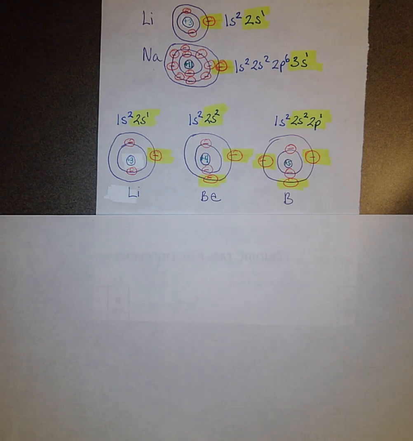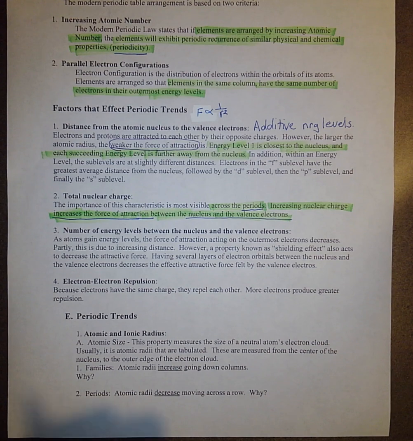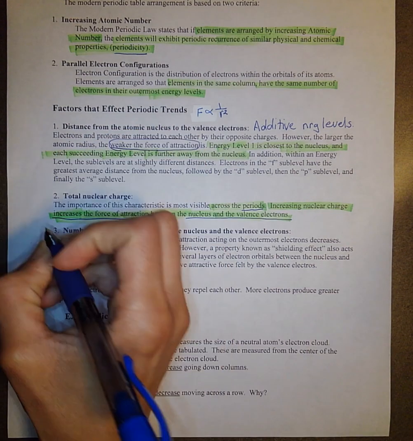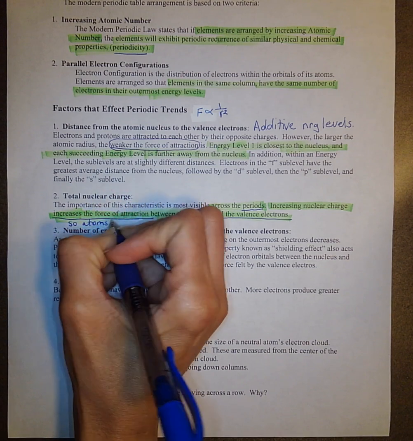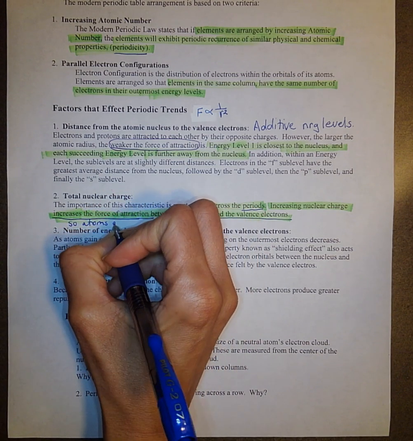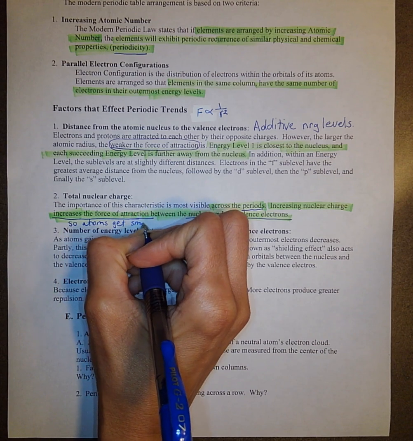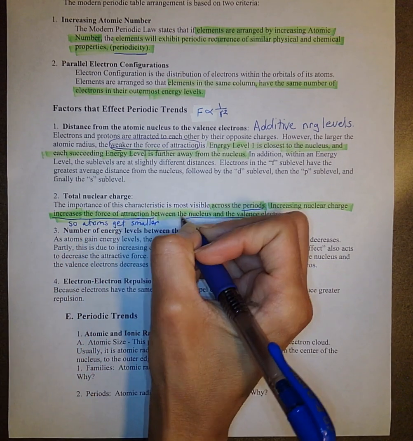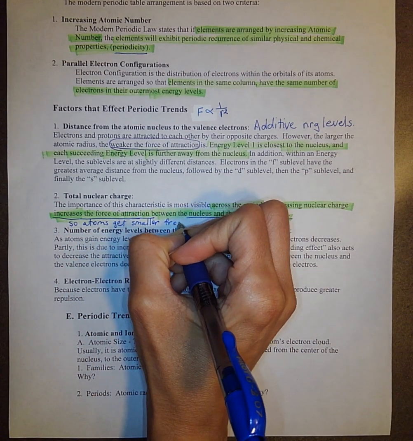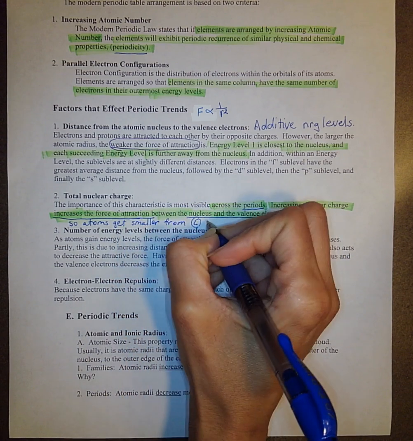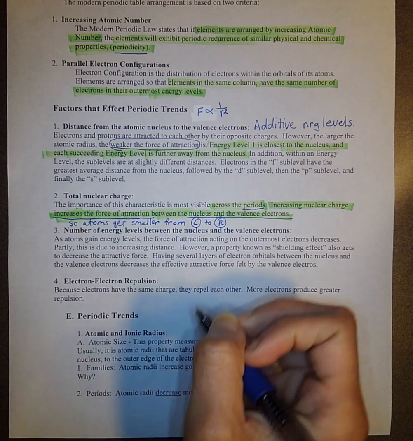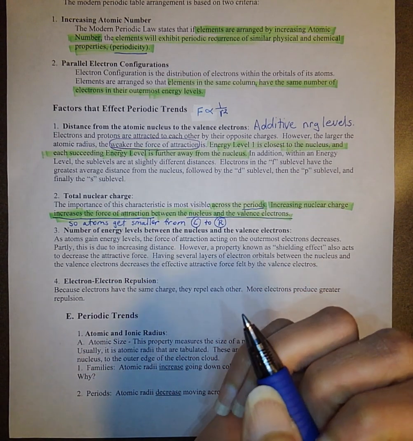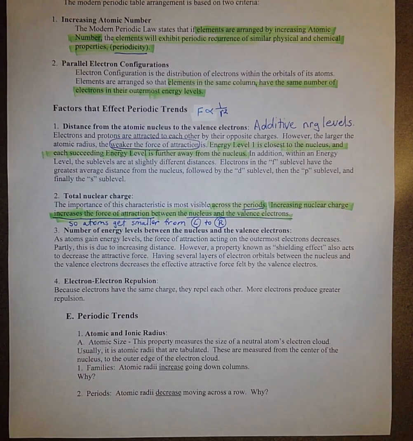So let's go back to your notes then. So in this case, we're going to say, so atoms get smaller from left to right on the periodic table. So what this is really talking about is the relationship between force and charge.